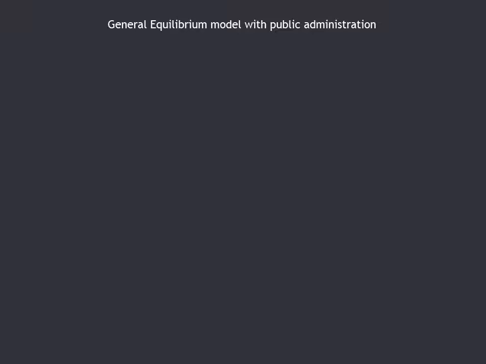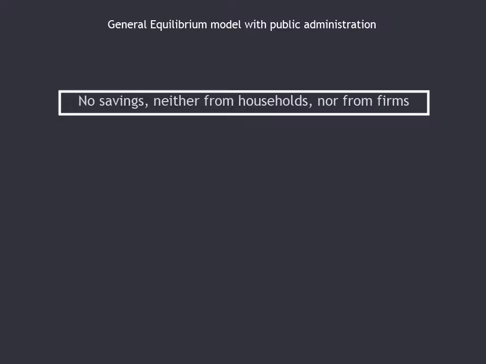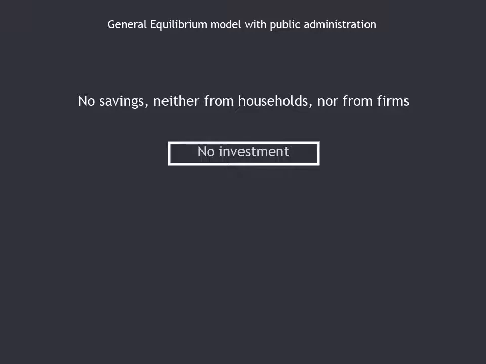If we think about it, this is a general equilibrium model, so we must have the supply of funding equal to the demand for funding at the global level, that is to say, at the level of the entire economy. So what happens in the rest of the economy? Consider households and firms. There is no saving, neither from households nor from firms. There is no investment, which is a demand for funding from firms in particular.